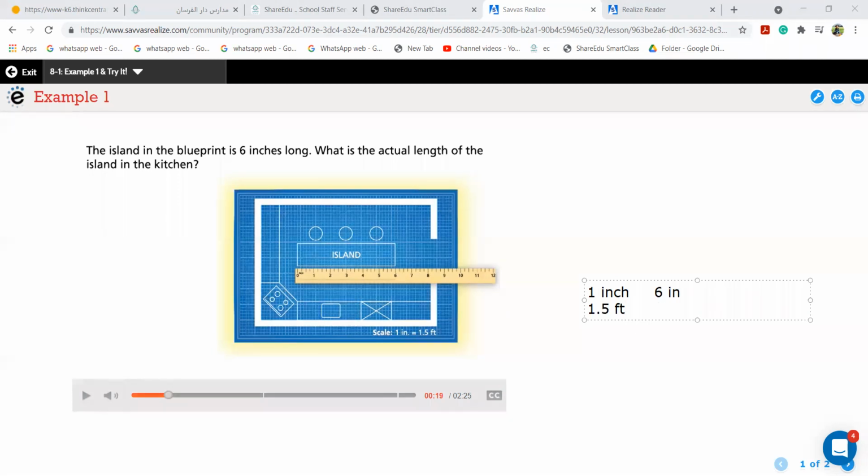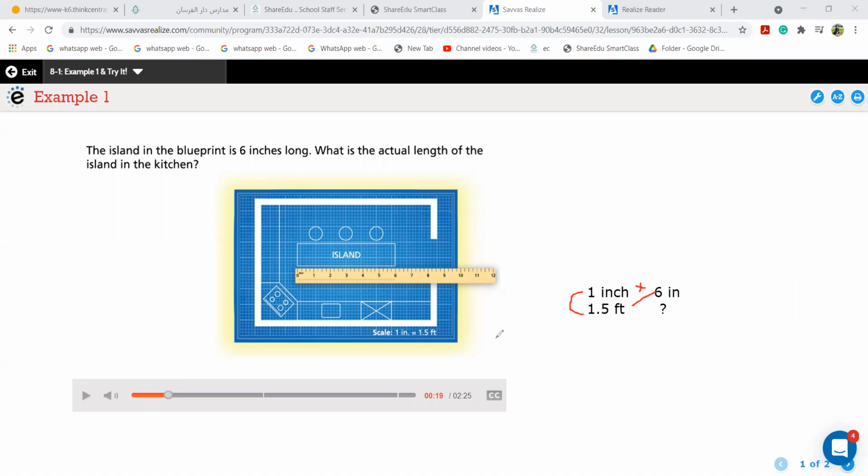What did I say to you? This you're going to multiply, this you're going to divide, I always taught you. Do you remember these rules, everyone? 1 inch is 1.5 feet. So 6 inches, how much? This is division, this is multiplication.